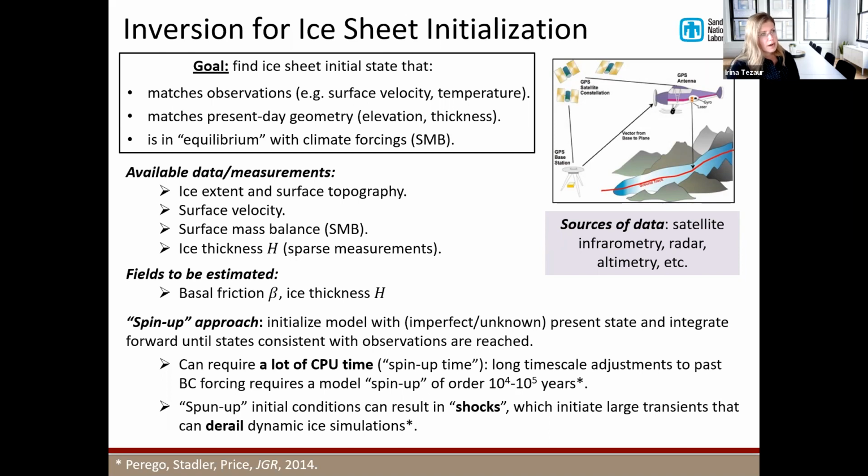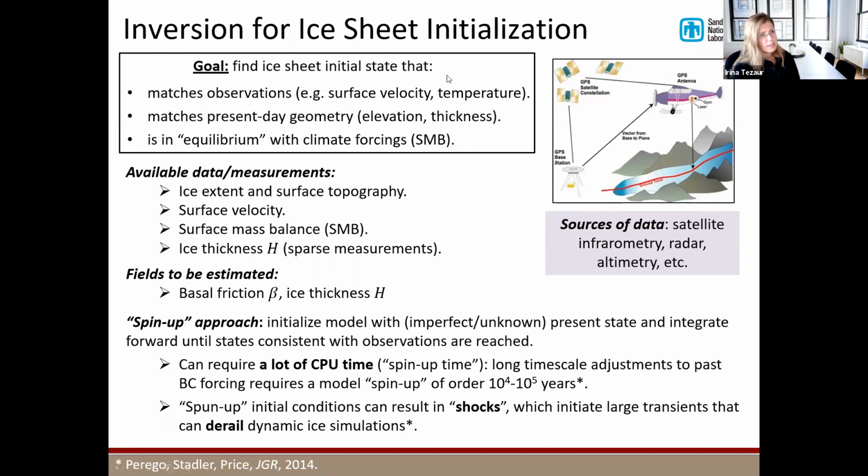So what is the idea of this initialization? I already mentioned we have certain parameters in our model, like the basal friction, that cannot be measured. The idea here is that we want to find those parameters in a physically consistent, rigorous way to start off one of our dynamic simulations. That's what we call initialization.